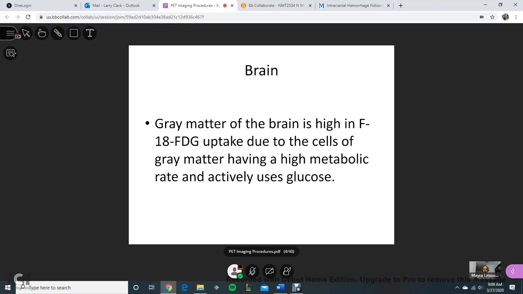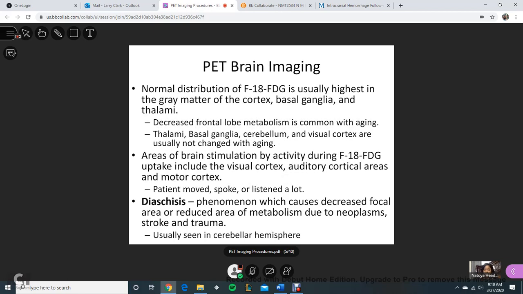With the brain, the gray matter is high in FDG uptake, due to the cells of the gray matter having a high metabolic rate and actively using glucose. In PET brains, normal distribution of FDG is usually highest in the gray matter of the cortex, the basal ganglia, and the thalami.